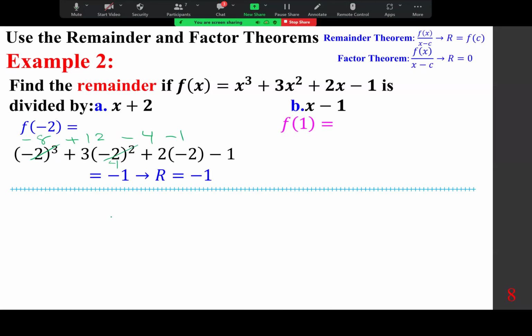So that means what? 1 cubed plus 3 times 1 squared plus 2 times 1 minus 1. And so we have 1, 3 times 1, plus 2 minus 1. And they add up to 5. The remainder, therefore, is 5.